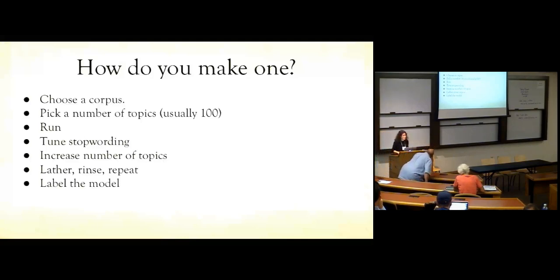All right. First step, choose a corpus. Sounds very simple. Tom mentioned our hapless research assistant who very painstakingly went through and developed these models. It is a little bit more painstaking than just the labeling part. It requires a number of iterations to tune all of the different kinds of parameters and components that you're going to need.